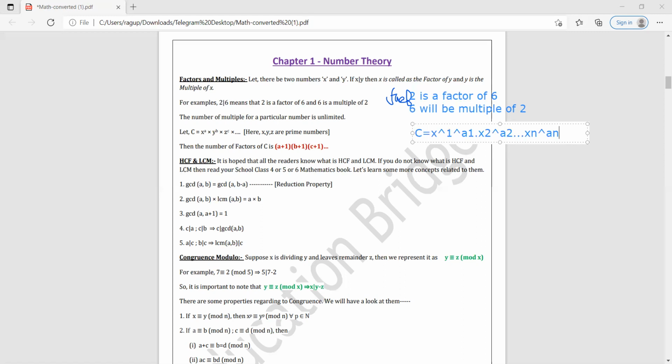Now this theorem is telling us, so we have to prove that the number of factors of this number is a1 plus 1 into a2 plus 1 into an plus 1.